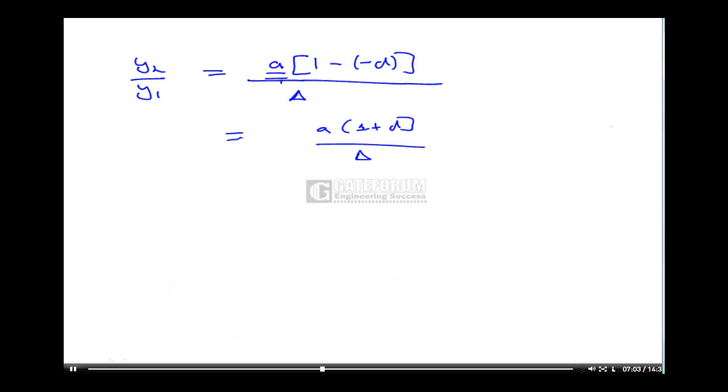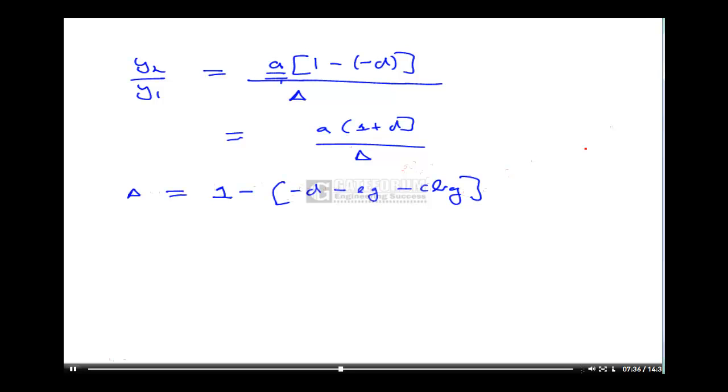Now to find delta, we have to take all the loops. 1 minus single loops: one is minus d, then another one is minus eg, another one is minus c b g. Now two non-touching loops, yes, they are there.